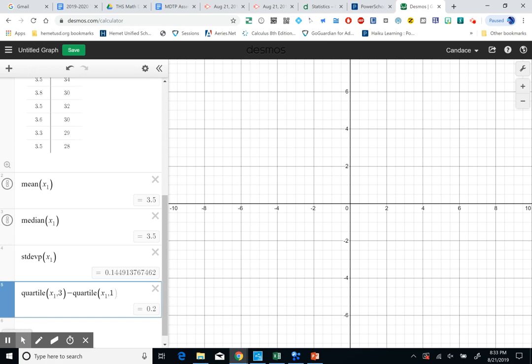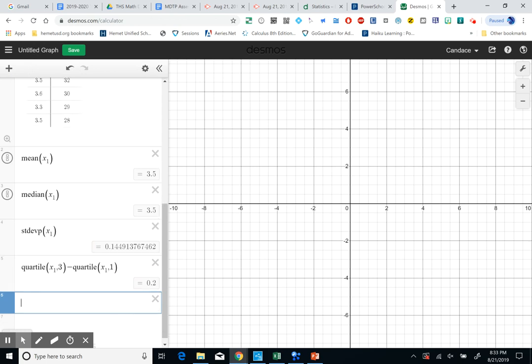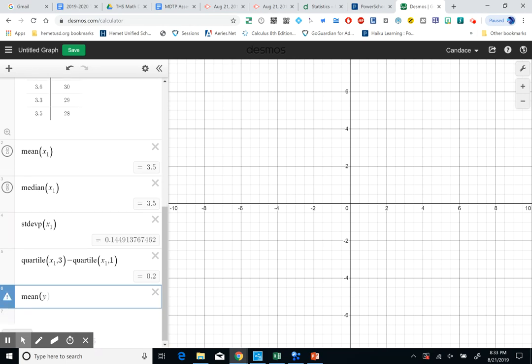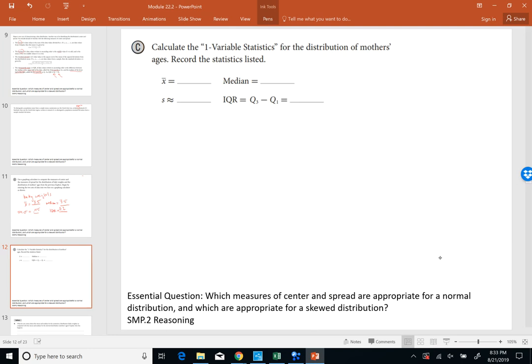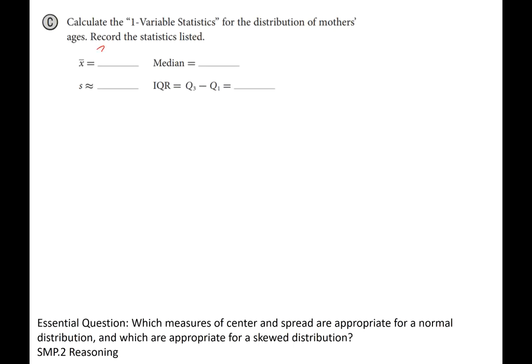All right, I'm going to go ahead and calculate our data again. So I'm going to do the mean again. So mean, I'm going to do Y sub 1 because it was a different list. And so this time I got 31.15 for my mean. So I'm going to put that in here. 31.15.